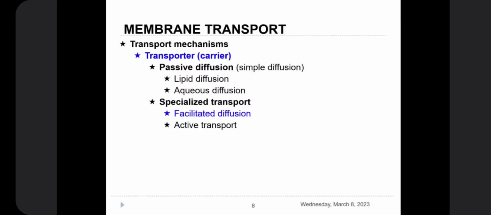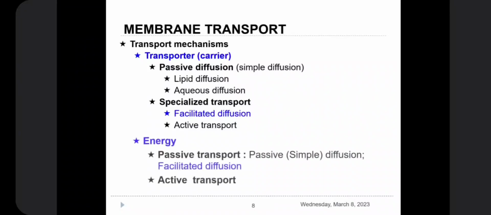Specialized transport, like facilitated diffusion and active transport, needs a carrier. Next, according to the energy: first is passive transport, and the next one is active transport.